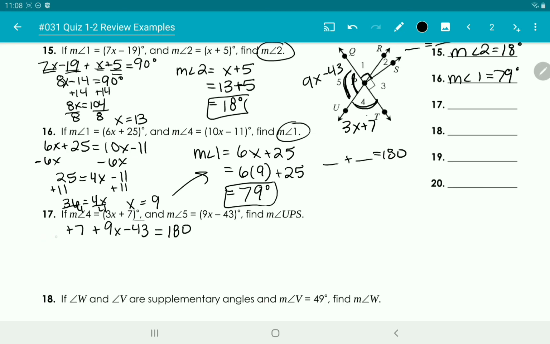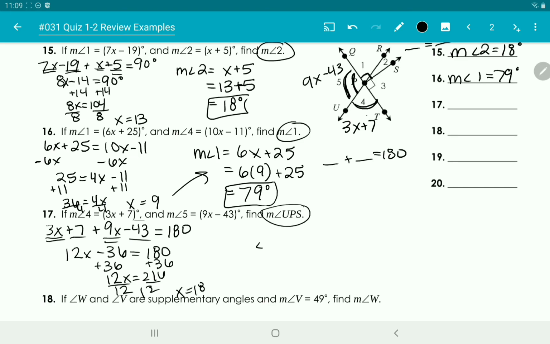So we can take the ones with x together first, then the ones without x after that. That is going to give us 12x minus 36 equals 180. Then we'll add 36 to the other side to give us 12x is equal to 216. And then if we divide by 12, x is equal to 18.